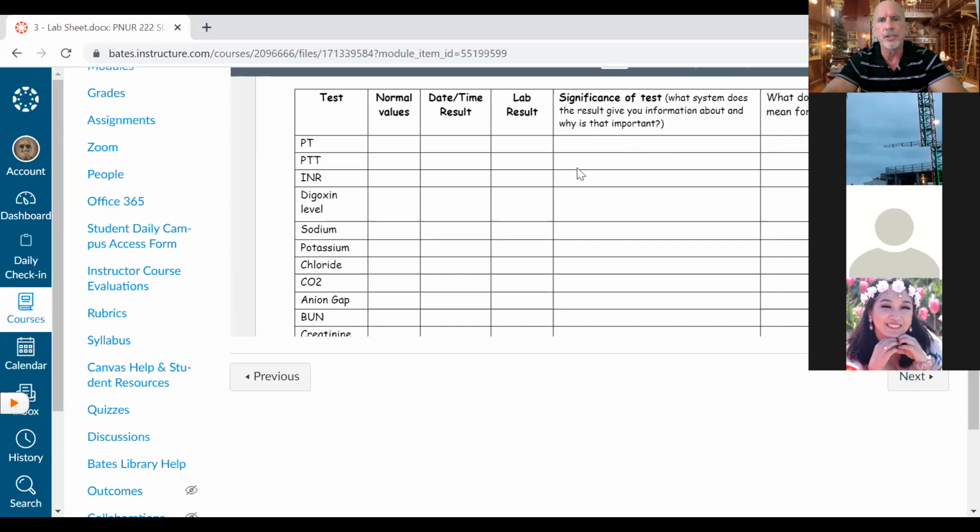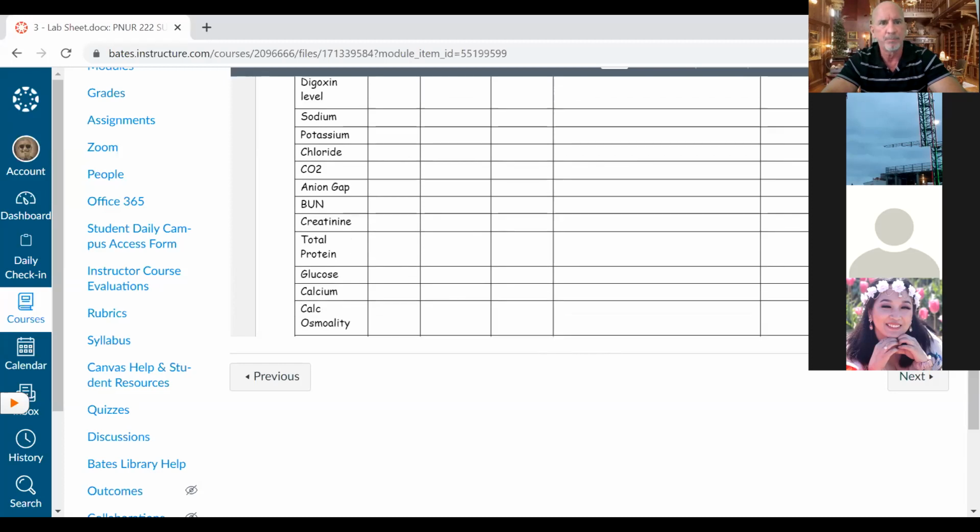But as you have patients that have the more common tests, you'll fill out the significance of the test category. Keep that as a blank so that the next patient you do, you don't have to fill this out again. Some students even went through and filled out all the significance of the tests on all these labs.